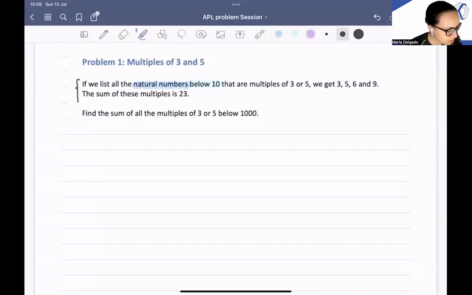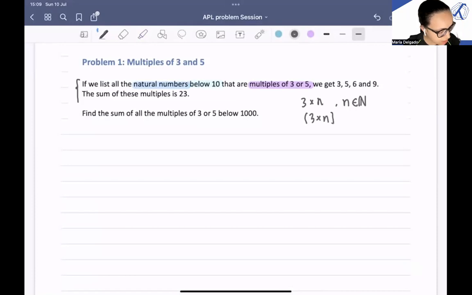And we also have this important information that is multiples of 3 or 5. We know that the multiples of a number, in this case 3 or 5, are the number multiplied by n, being n in natural numbers. And in this case, the multiplication cannot exceed 10. So it needs to be below 10.